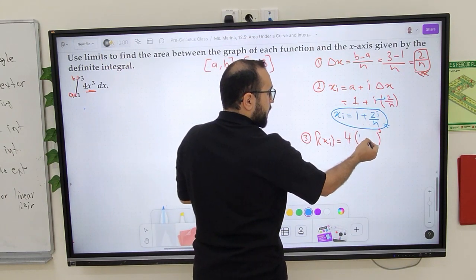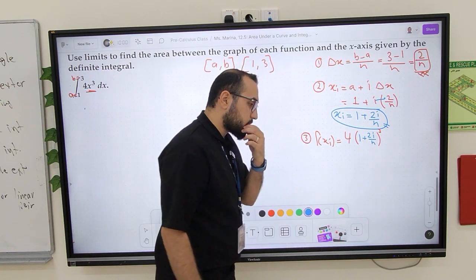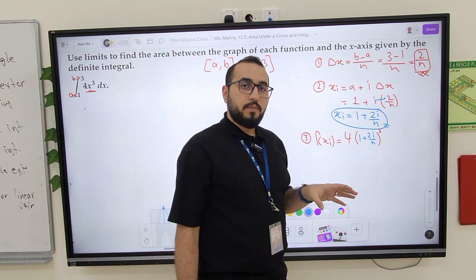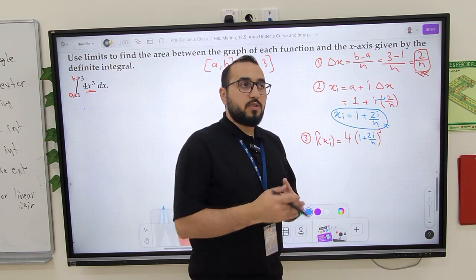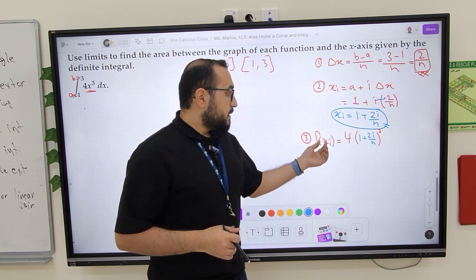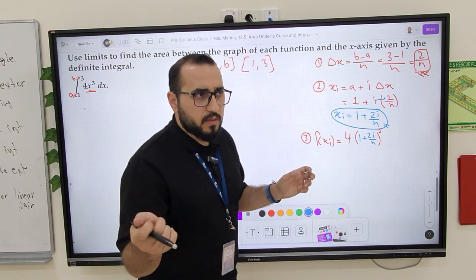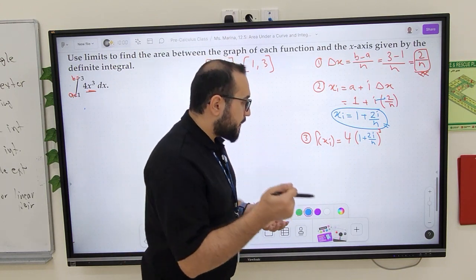Xi is what? 1 plus 2i over n. Now what we need to do, if you remember the binomial theorem, you can expand the bracket by using the binomial theorem. If you don't remember the binomial theorem, just expand the bracket into 3 different brackets and use the distributive property. So I will just say that you don't know the binomial theorem and let's expand the bracket.